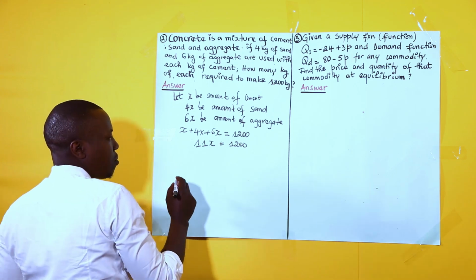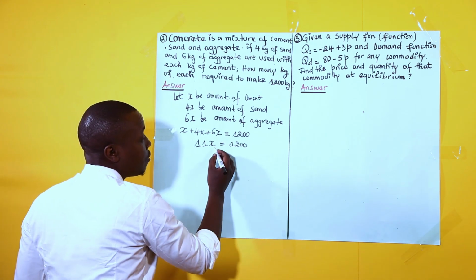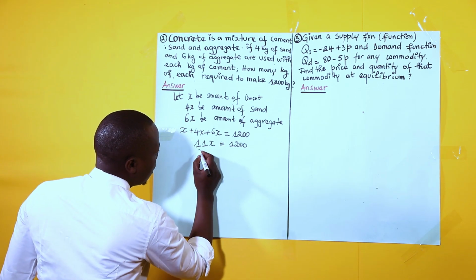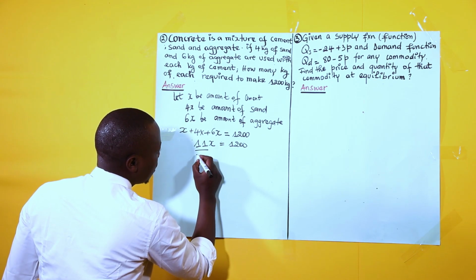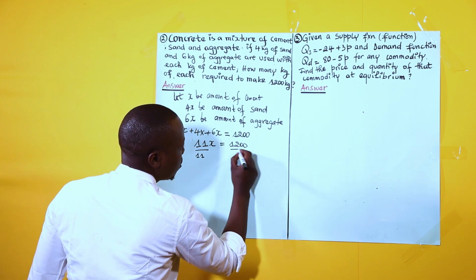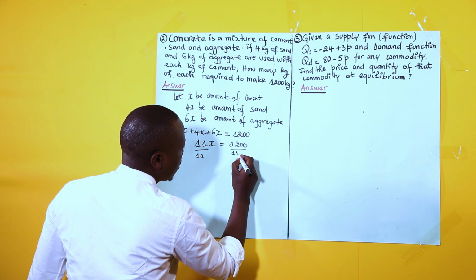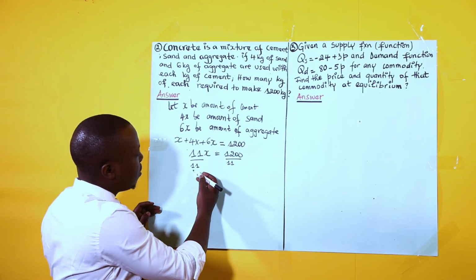Now, how can you find x? We divide by 11 here and divide by 11 there. So 11x divided by 11 is x.